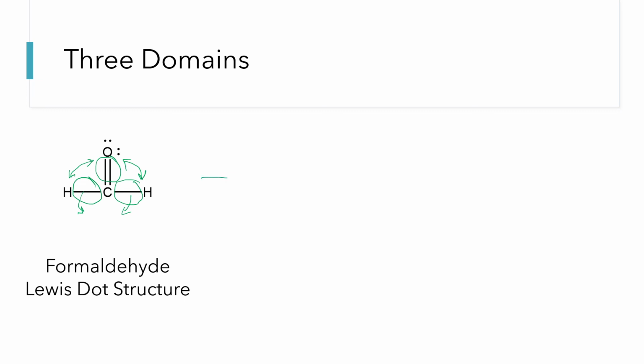So basically we want to spread those three domains out in space as much as we can, which is going to result in these domains pointing towards the corners of an equilateral triangle. And that's going to result in a bond angle of 120 degrees. And the name that we give to this shape is trigonal planar.